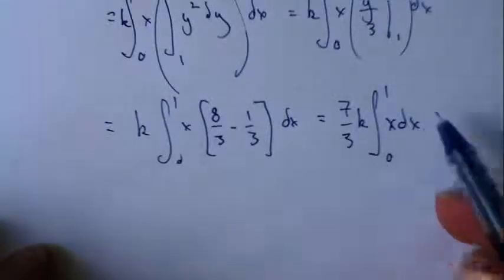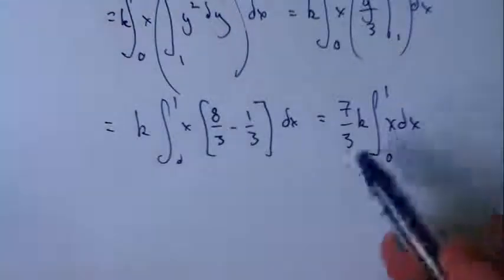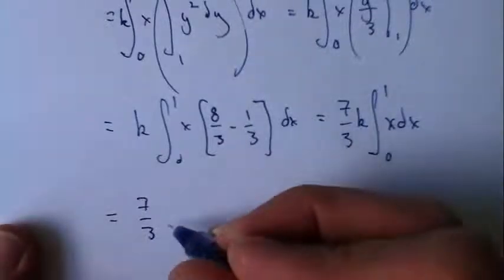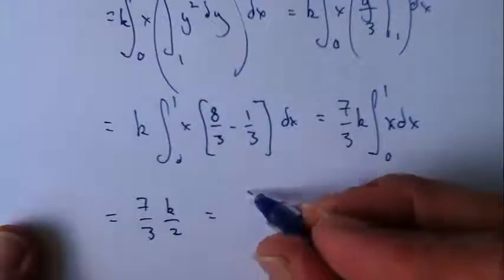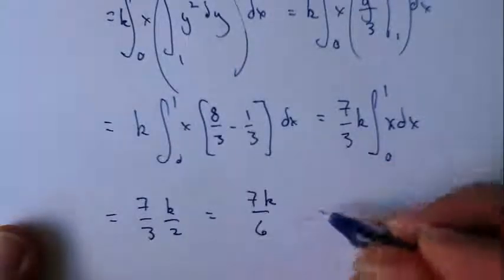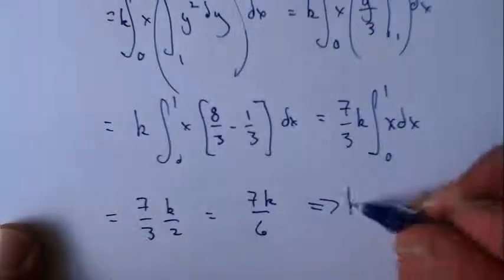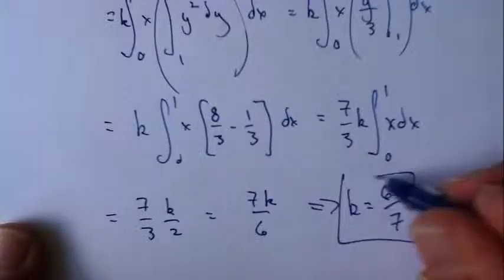And this integral is just a half, right? So the final answer is 7/3 times k over 2, or 7k over 6, which implies that since all this stuff must equal 1, k equals 6/7.